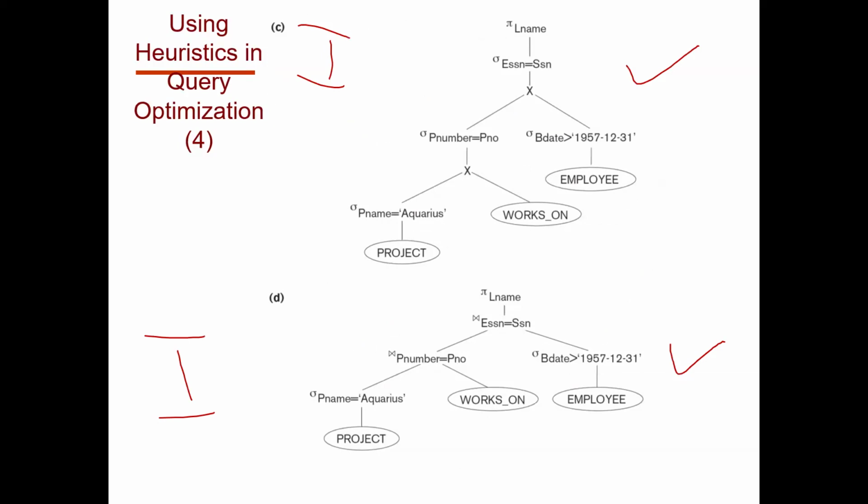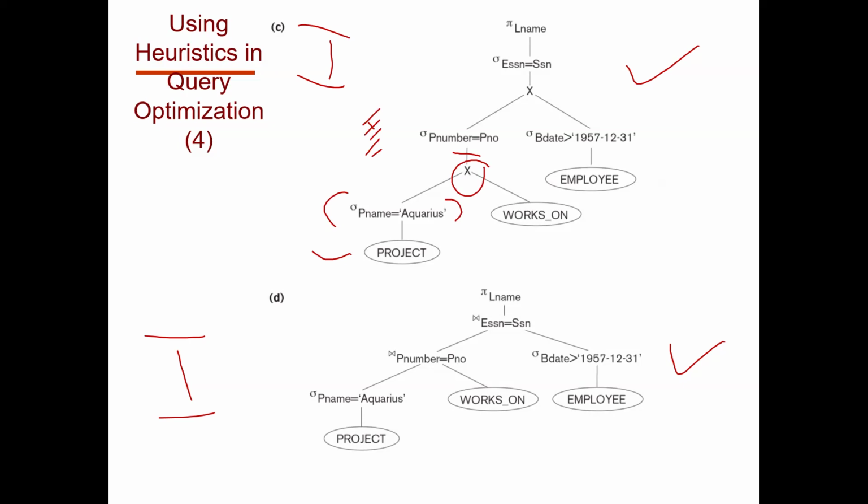Okay, now I will explain. Here we have a project table. What did we do in the project table? We selected those projects whose name is equal to Aquarius. Then we linked the project with the works on table by using a cross product and project number. We got some rows here.